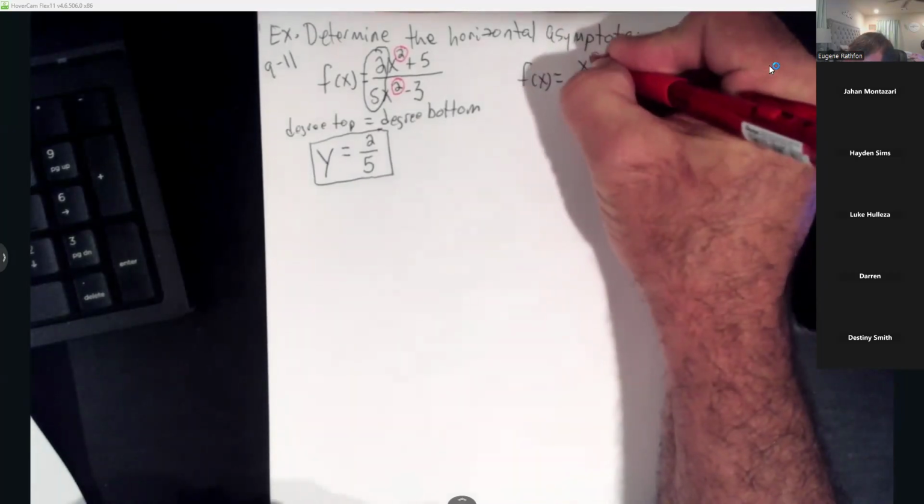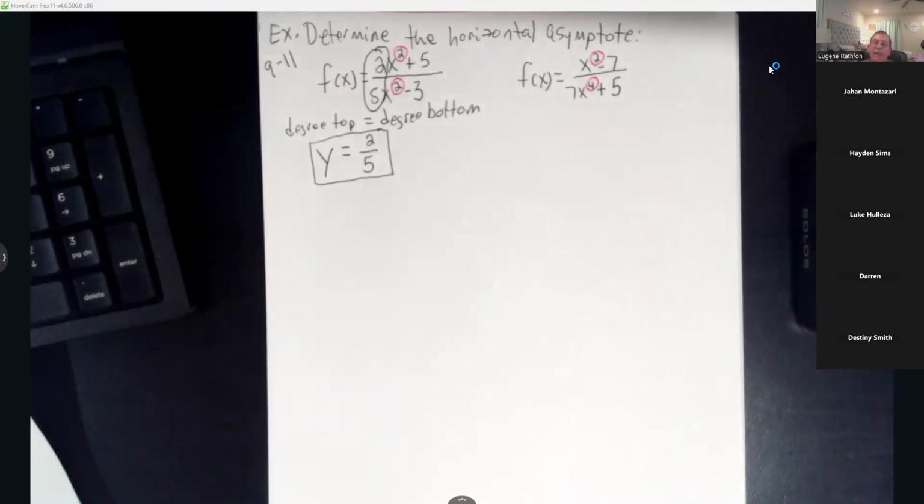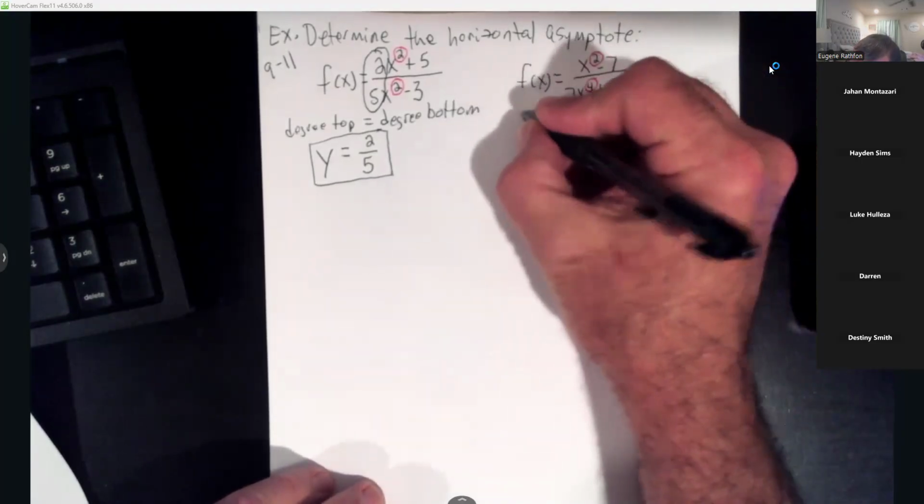So y'all, here's your exponents you're looking at. So this one's a little bottom heavy, right? Sort of like J-Lo, bottom heavy. So the bottom degree is greater than the top degree.